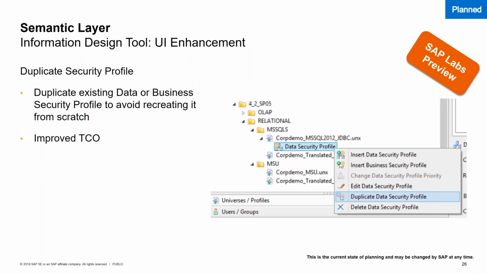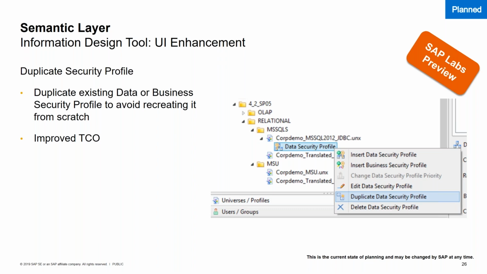You have some additional user interface enhancements in IDT. This one is pretty useful if you want to duplicate your security profile. It is now possible to duplicate your existing data security or business security profile to avoid recreating them from scratch.